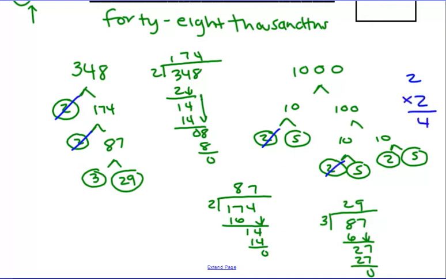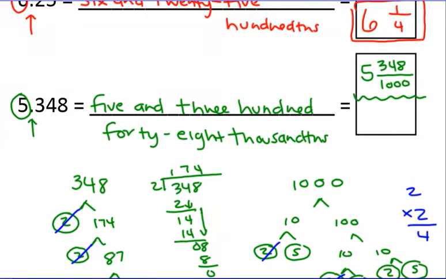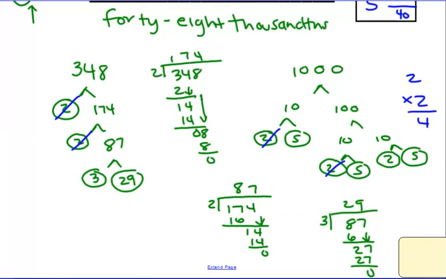So 2 times 2 is 4. So we already know that 1,000 divided by 4 is 40 because we just did that. But what is 348 divided by 4? Well, let's see. 87.